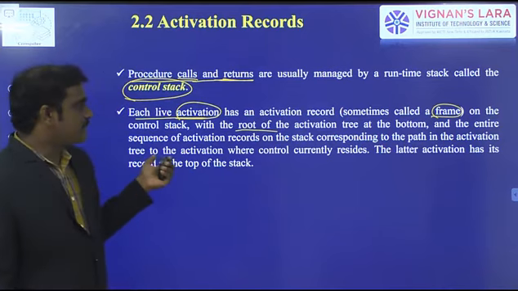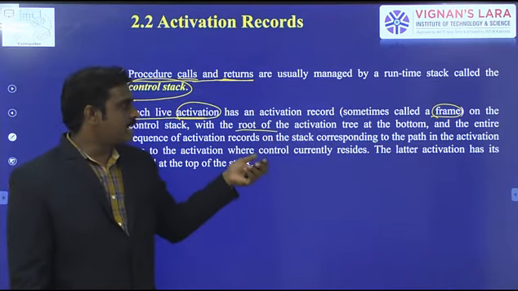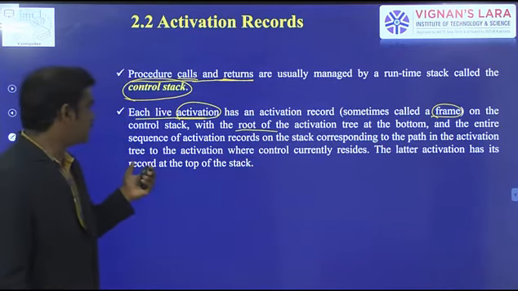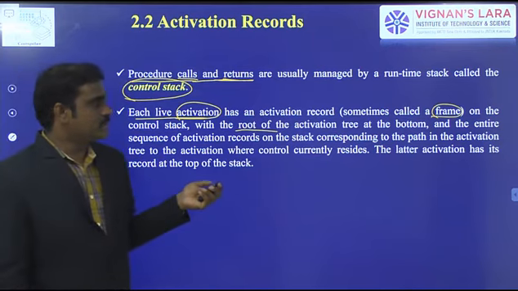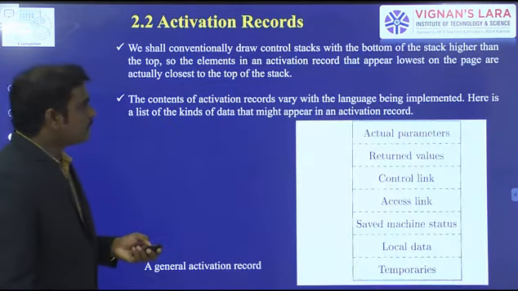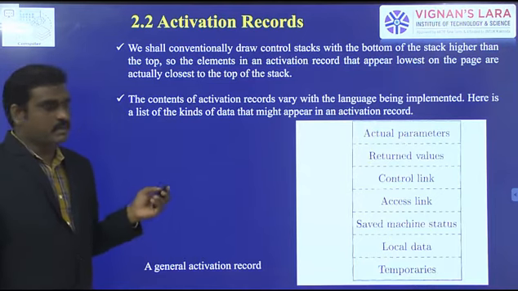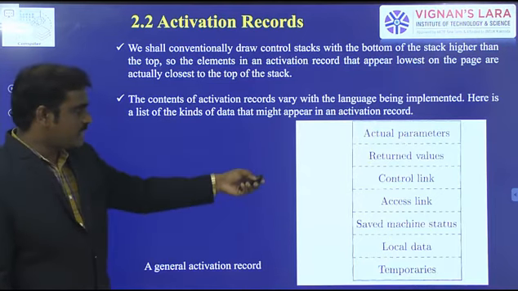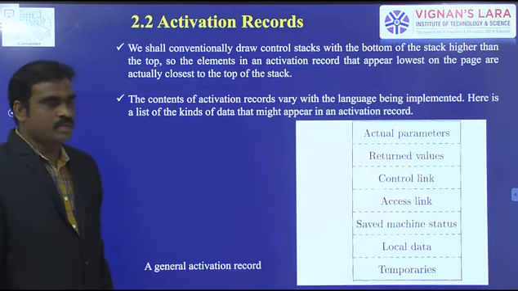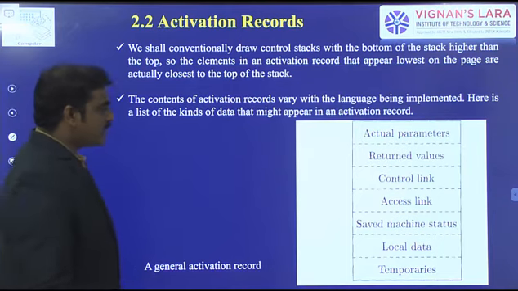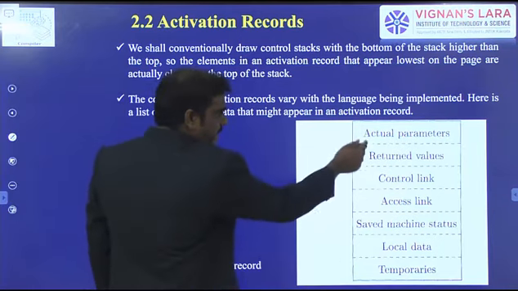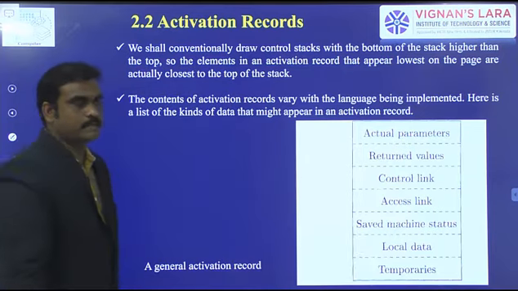And the entire sequence of activation records on the stack corresponds to the path in the execution tree to the activation. If you take this one, we can call it the activation record. This activation record contains a total of 7 fields.